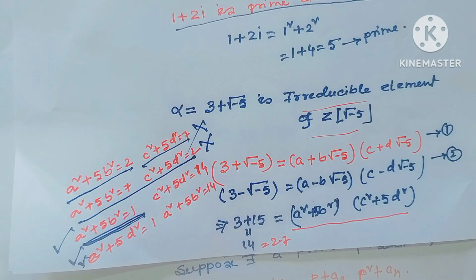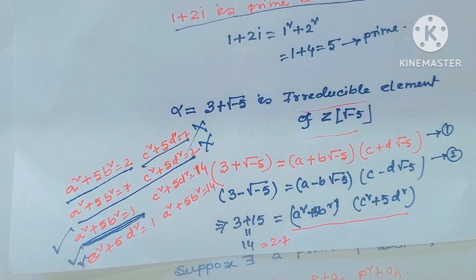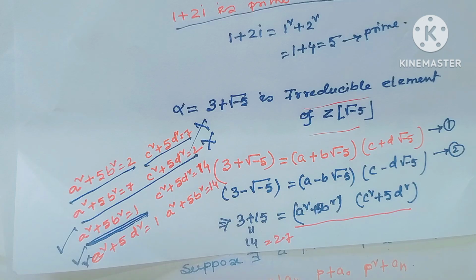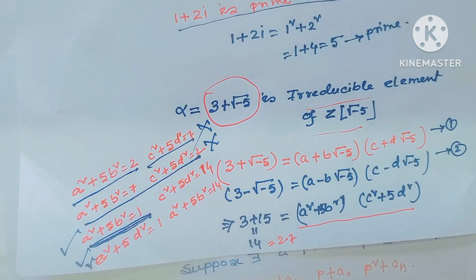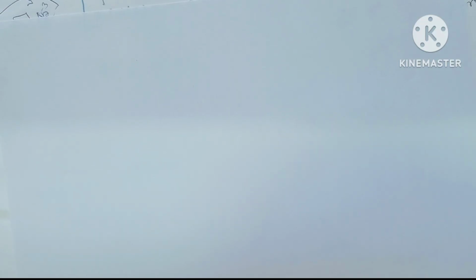Okay, I hope all my viewers have understood clearly. So the element 3 plus square root of minus 5 is an irreducible element in Z[square root of minus 5]. I had seen a few minutes ago that prime element and irreducible element coincide, but otherwise this is not the case.